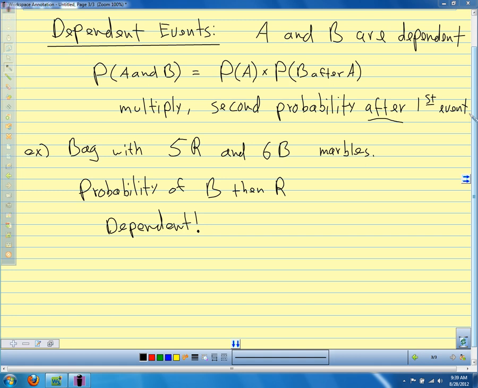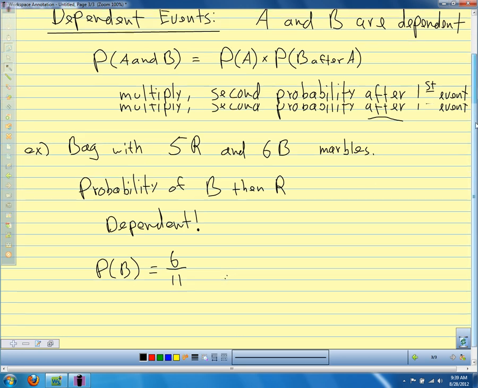So let's find our probability of blue. In our bag, how many favorable outcomes are there? How many blue marbles? 6. And how many total? 11. And we can't reduce this.